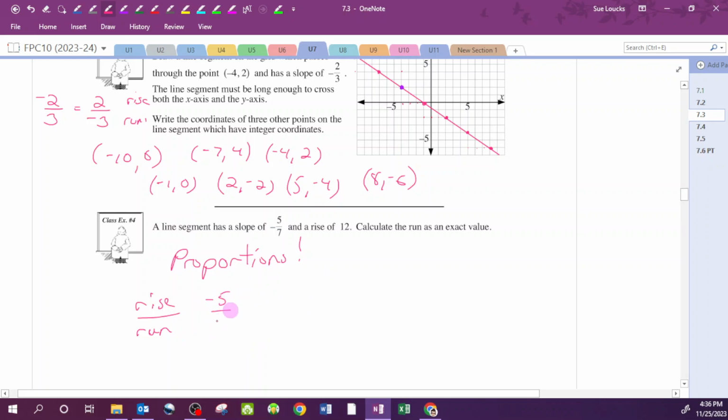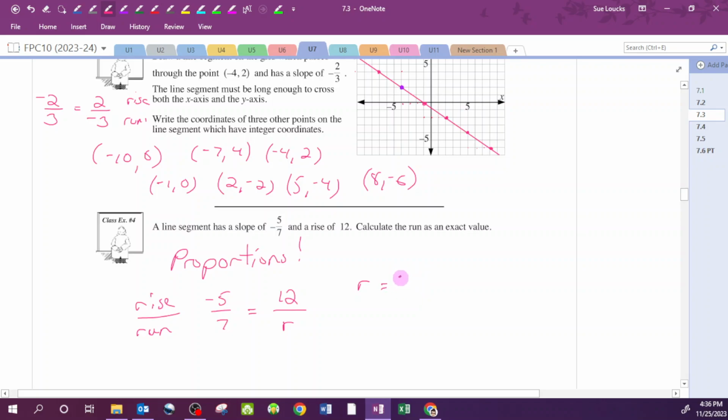I'm going to float the negative up. It doesn't matter, they get the same thing. If my rise is negative 5 and my run is 7, I've got another place where I could measure it, because I can measure it anywhere and it's the same thing. My rise is 12, and I'm looking for the run that goes with a rise of 12. I'm going to cross multiply and divide to solve this.